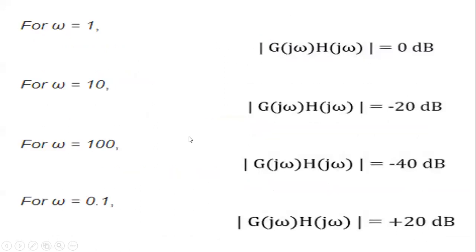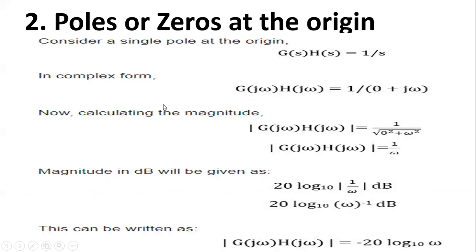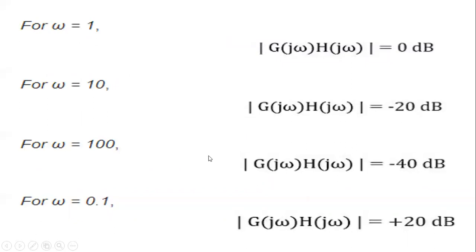Now let us check the magnitude changes for various values of omega. For omega is equal to 1, the modulus of G of j omega into H of j omega is equal to 0 decibels. For omega is equal to 10, it will be minus 20 decibels, because here you will see 20 log 10 base 10, it will be 1. So it will be minus 20. Then for omega is equal to 100, it will be 2 into 20 log 10 base 10.